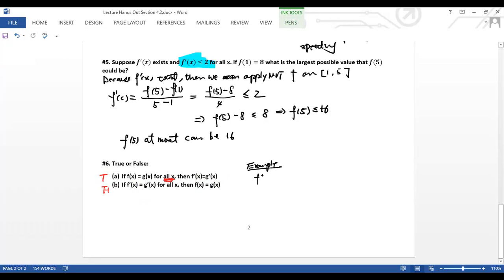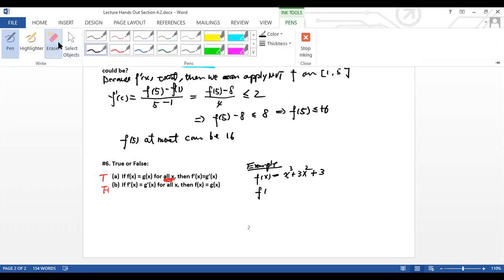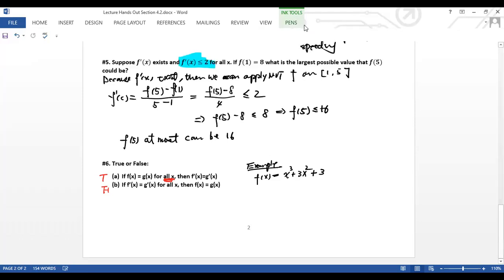If I have f of x equal to, let's say, x cubed minus 3x squared plus 3, then g of x is equal to x cubed minus 3x squared plus 5, right? So obviously they are not equal.